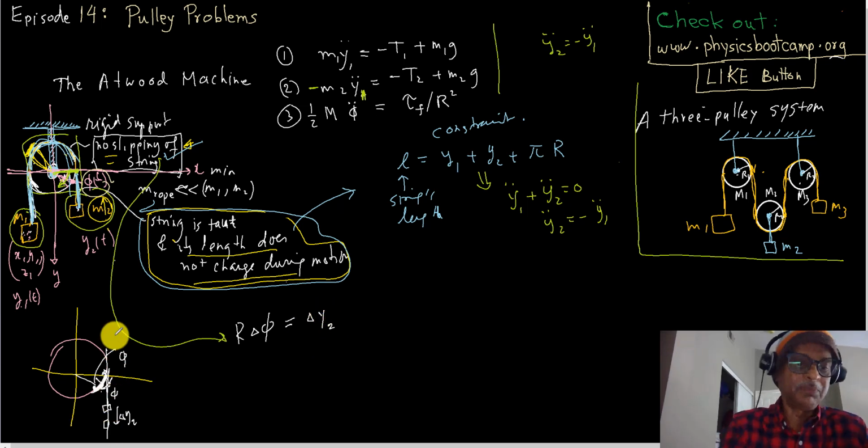So if this is positive this way, then y2 increasing is positive. Only then phi is positive. If y2 is negative, going up, then phi is going in the opposite direction. So this direction of phi is positive increase.